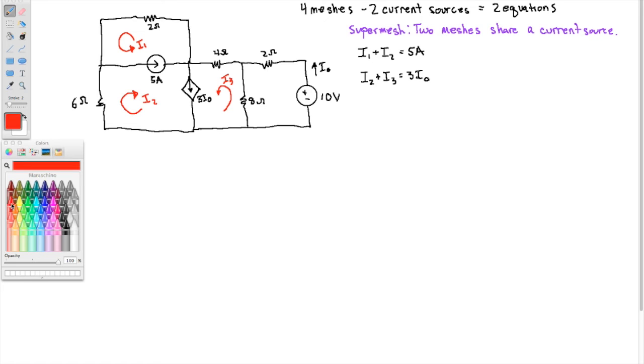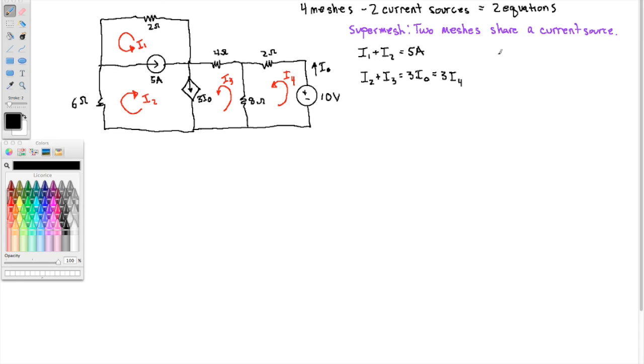Well, what is I0? We'll call this mesh current I4, and I4 is the only thing contributing to I0, so this is 3I4.